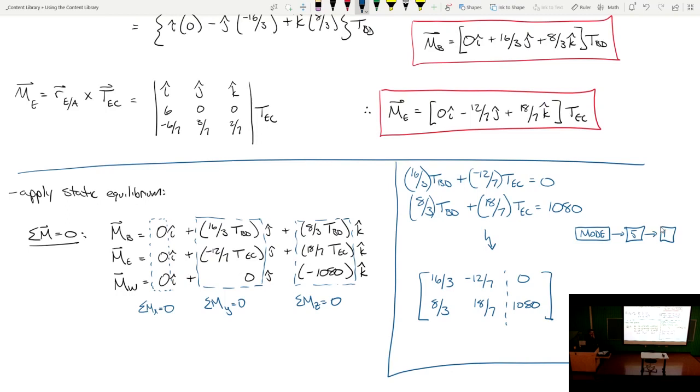Break out a Casio FX-115ES Plus or similar scientific calculator, and you should get the following.